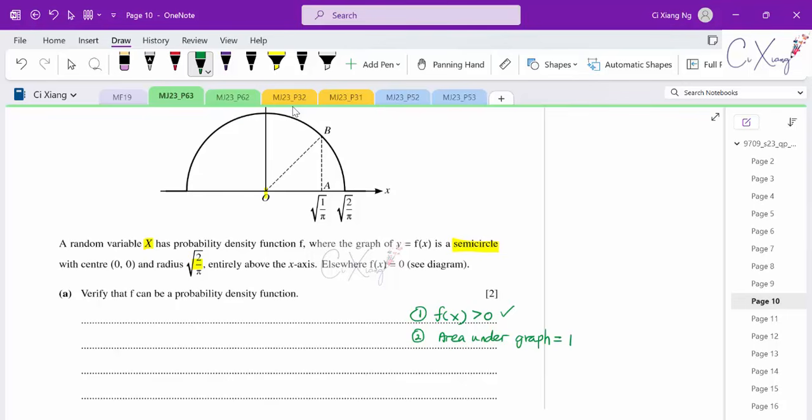Okay, so to prove this, first of all, you can make a simple conclusion on the first property, where f(x) is greater than 0. That means the whole of f(x) lies above the x-axis.